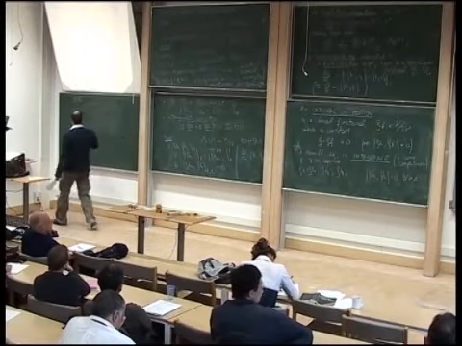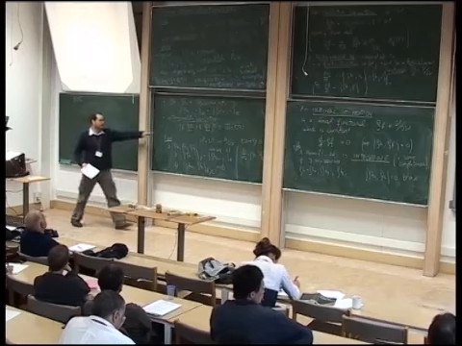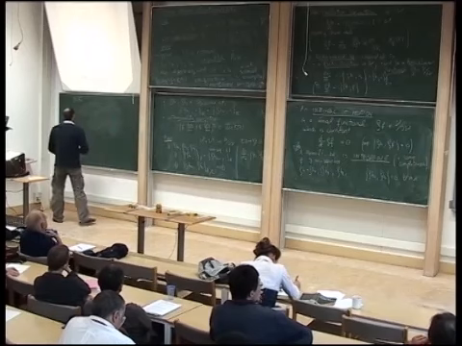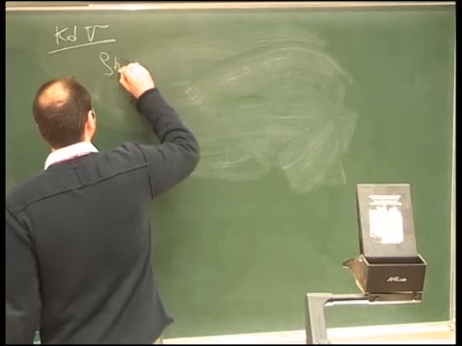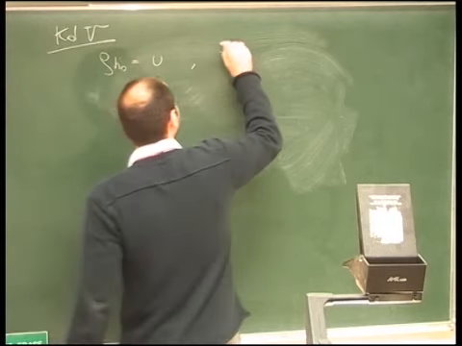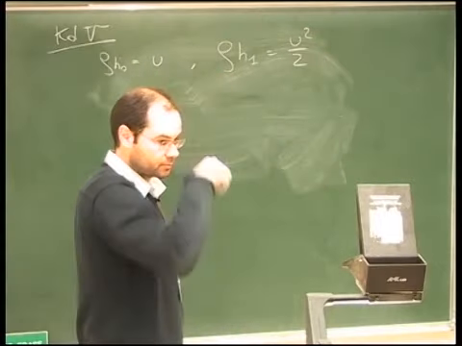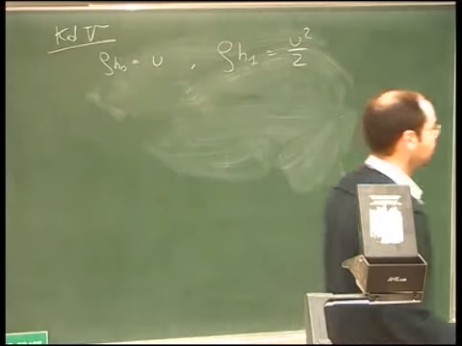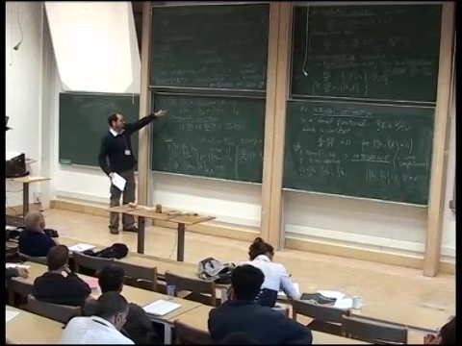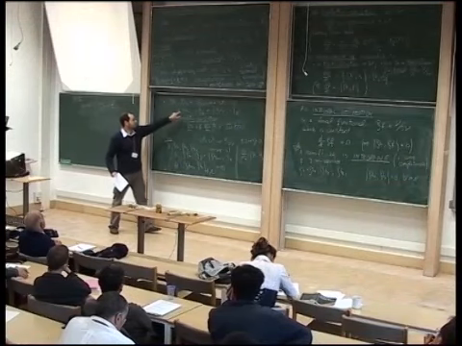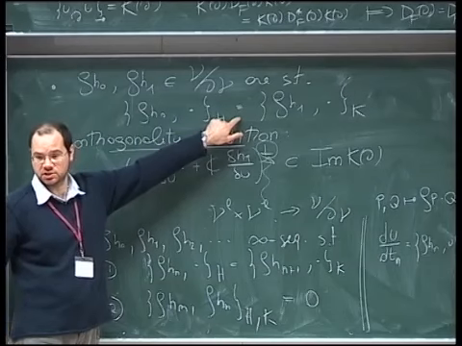And then let's just check orthogonality. So we have to take the following h0 and h1. For the integral of h0, we take u. And for the integral of h1, we take u squared over 2. One also has to check this identity for such h0 and h1.